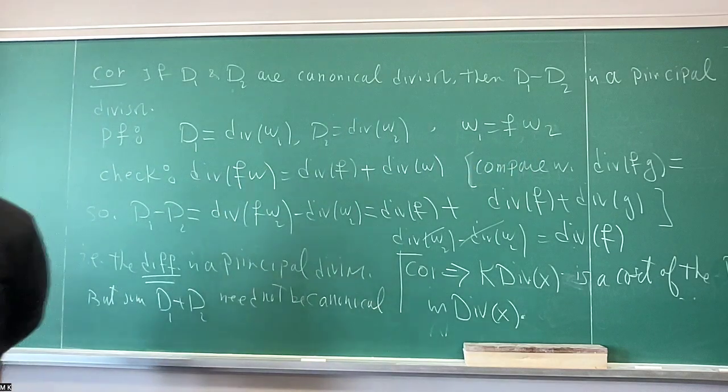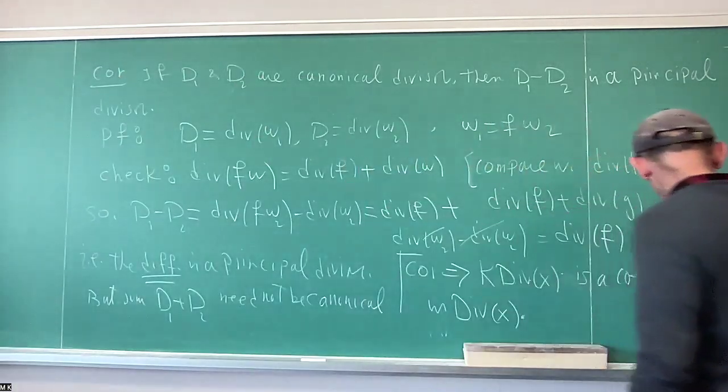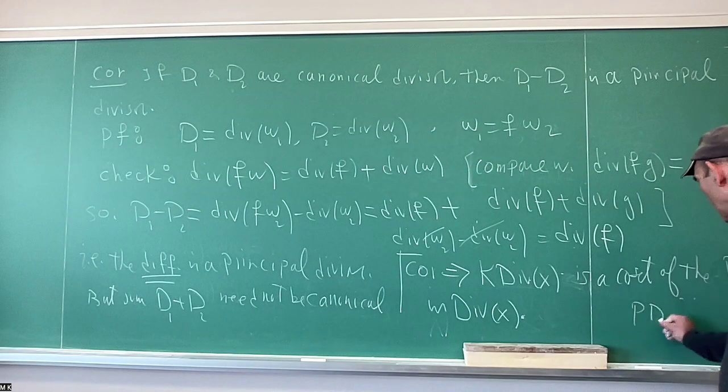Is the statement that K div is a coset of the principal divisors? You see, the principal divisors form a subgroup inside the divisors.